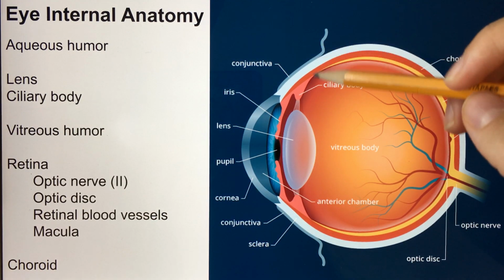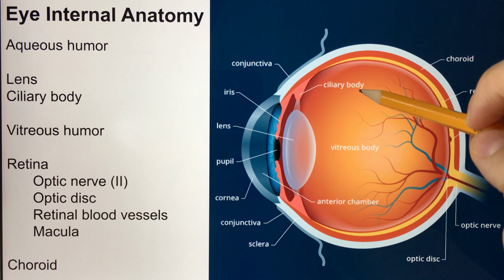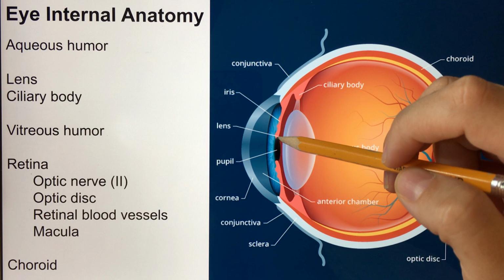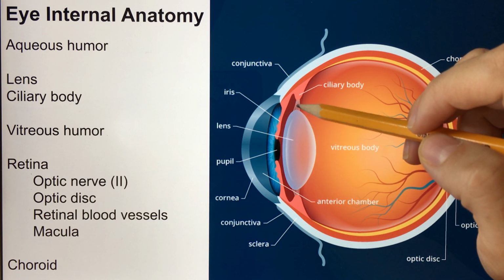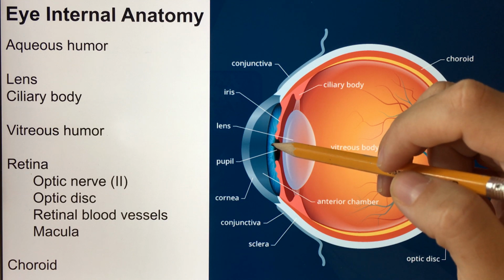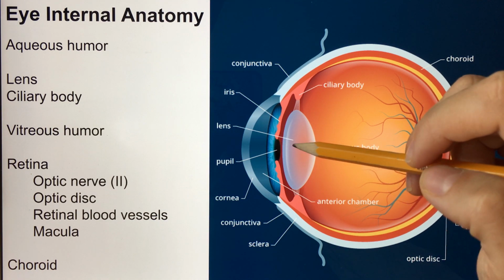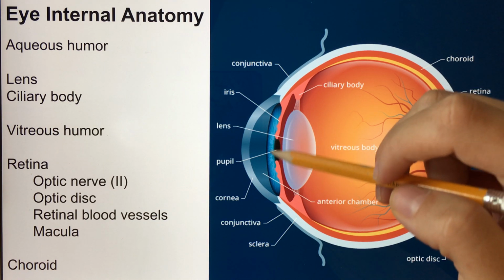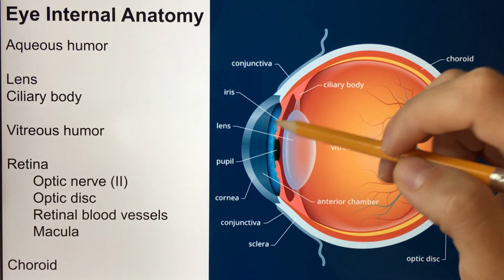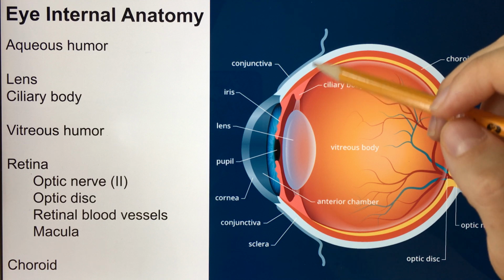Here's the lens. It is connected to a muscle called the ciliary body. The ciliary body is also a circular muscle like the iris, but imagine that the ciliary body and the lens have the same configuration as the iris and the pupil, except the lens is positioned where the pupil is, but here. The ciliary body would look like the iris, but inside of the eye, behind the iris.